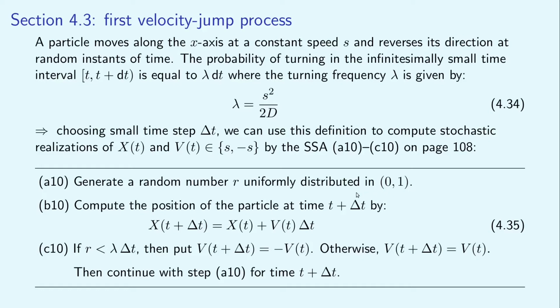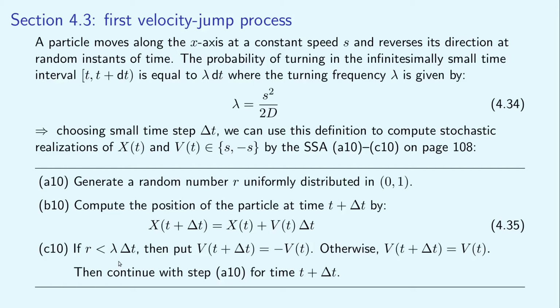Then we update the position and velocity of the diffusing particle. The position is updated using the forward Euler discretization of the derivative of x, given in equation 4.35. To update the velocity, we compare the random number r with the probability of turn, which is equal to lambda times delta t. If the turn occurs, then we reverse the velocity. Otherwise, the velocity is kept the same in the next time step.